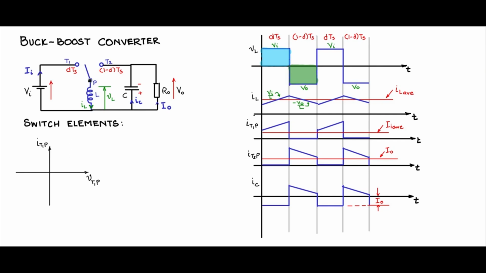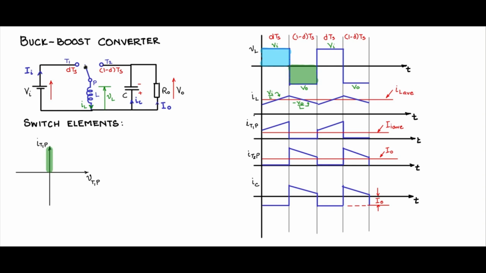Now if you take this switch during the time dTs, when the pole is connected to T1, there is a current flow from T1 to P, T1 to P being positive, and you see that I T1P is always positive, above 0, and there is no current flow from P to T1. So all the positive axis of the current are possible operating points.